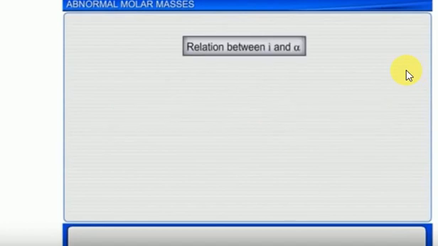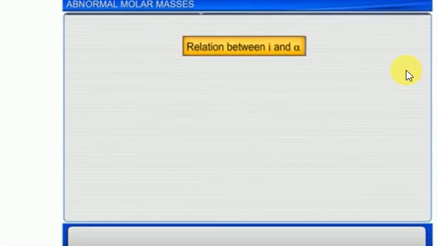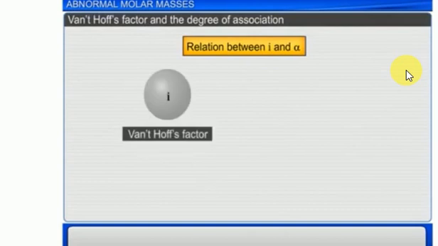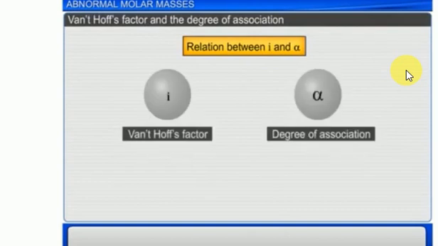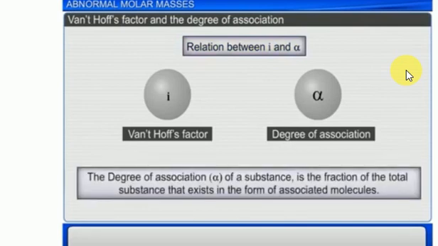Let us now derive a relation between van't Hoff's factor i and the degree of association alpha. The degree of association of a substance, alpha, is defined as the fraction of the total substance that exists in the form of associated molecules.